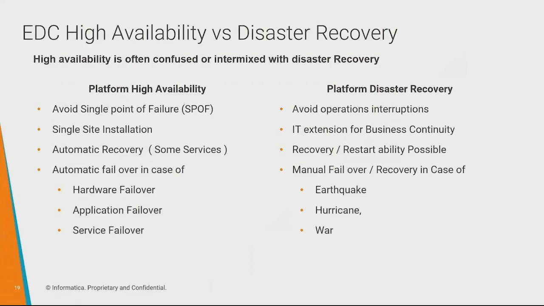It is normally applicable on a single site installation, with a faster turnaround. Automatic recovery and automatic restarts are part of high availability, and automatic failover in case of hardware failure, application failure, or service failure. These are the scenarios answered by high availability.